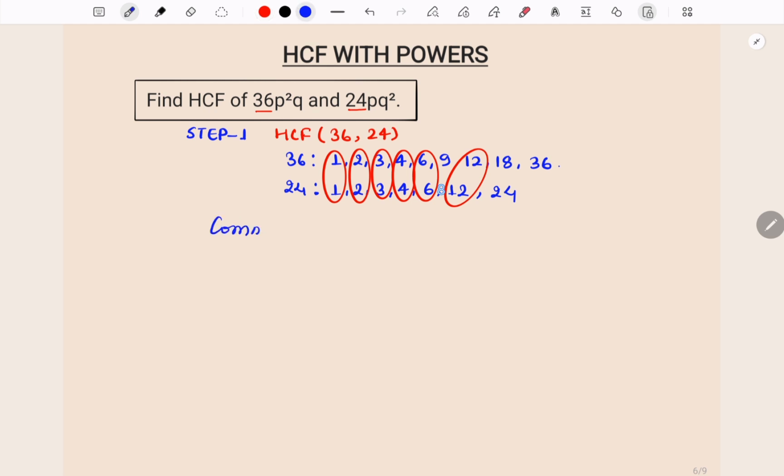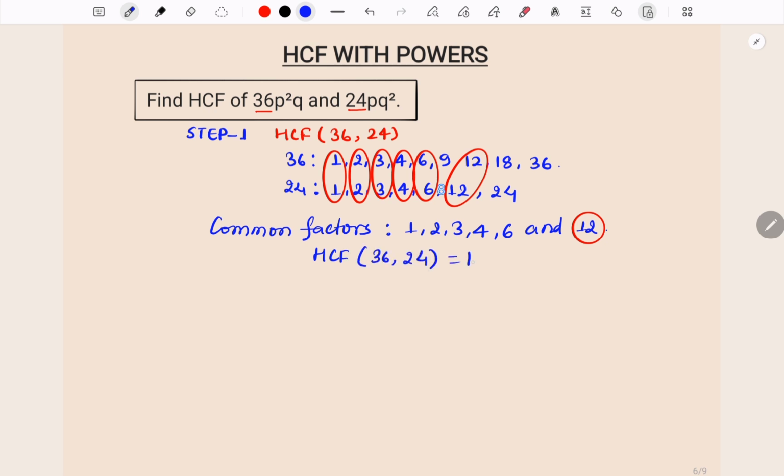So the list of common factors are 1, 2, 3, 4, 6, and 12, right? Now, the highest common factor is 12. That is why the HCF of 36 and 24 is 12. So we are done with the numbers. Now we will take the letters. That is the step 2.